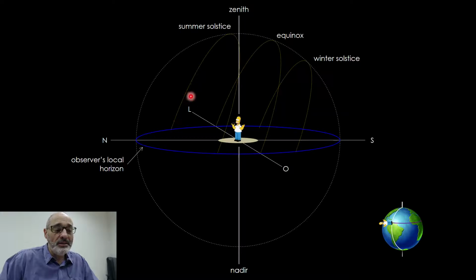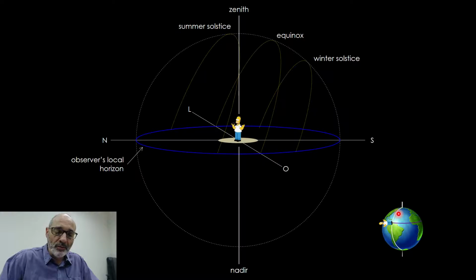We know that this is summer because the sun spends more time here, releasing energy to our observer, compared with this situation. So the sun spends a smaller time during winter, and during the equinox we have this situation here.